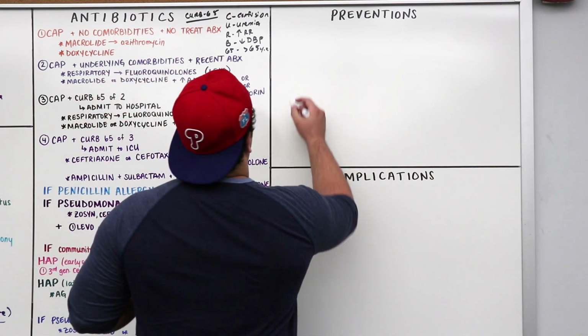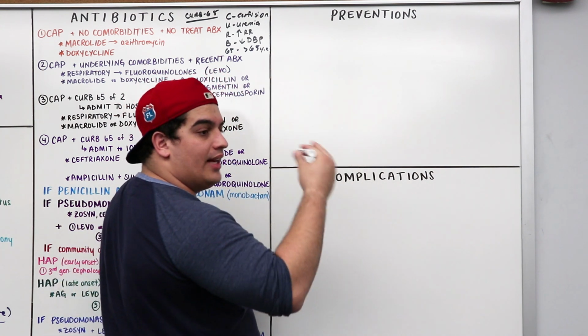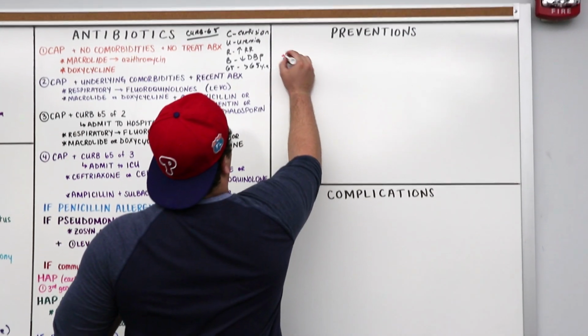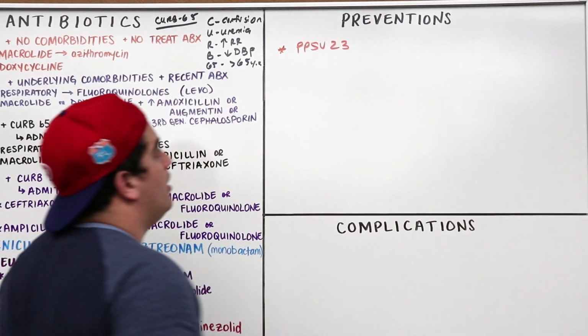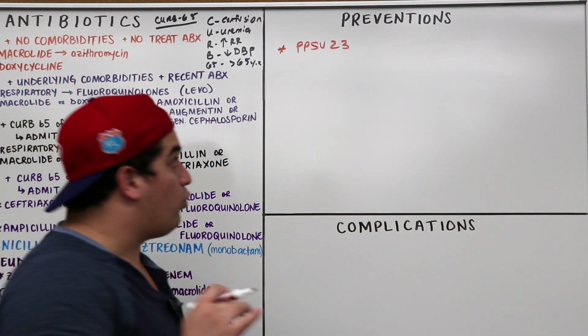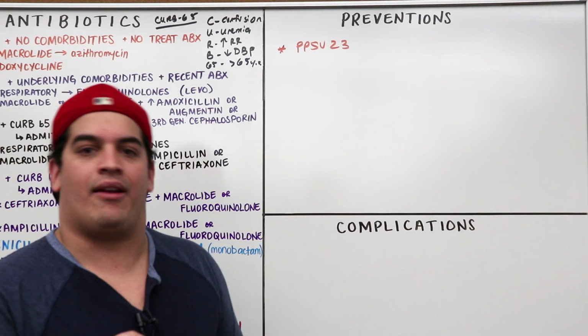So one of the big ones is called the pneumococcal vaccine, and they abbreviate it PPSV23. So this right here is really, really important. So what does the 23 stand for?